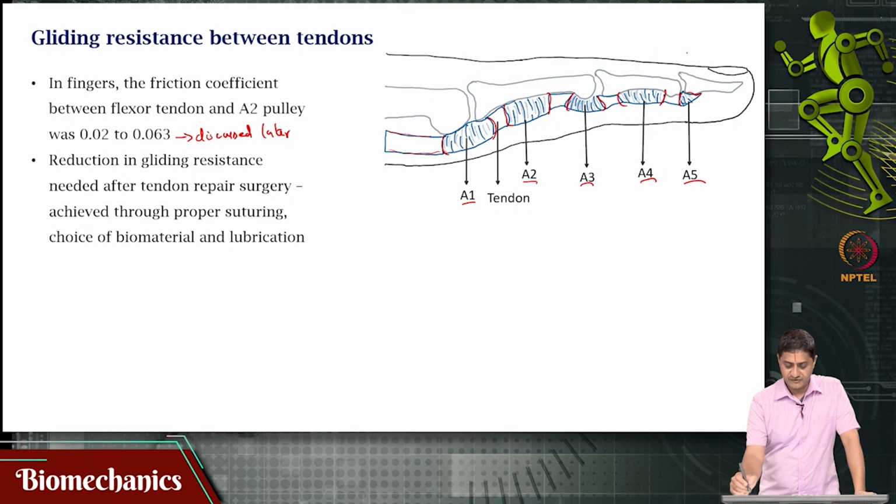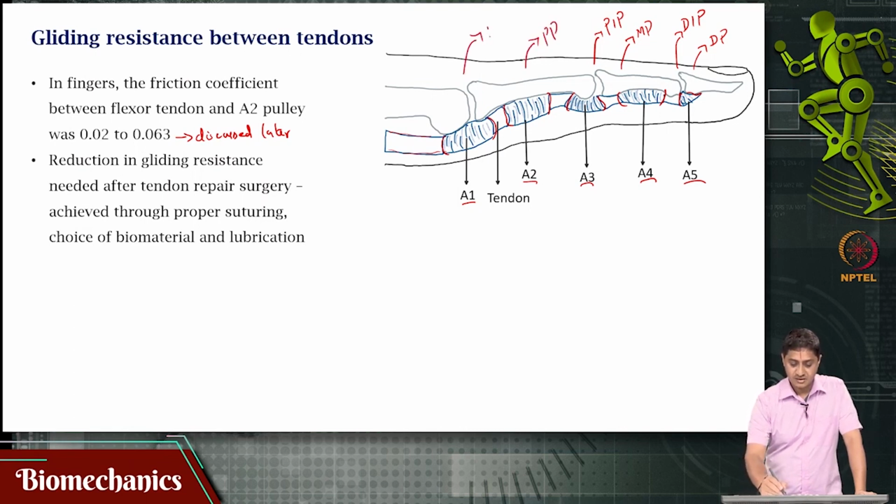Remember, if this is the whole finger, this is the distal phalange, this is the DIP joint, this is the middle phalange, this is the proximal interphalangeal joint, this is the proximal phalange, this is the metacarpophalangeal joint. Am I correct?